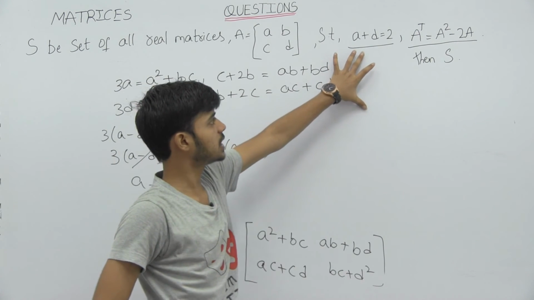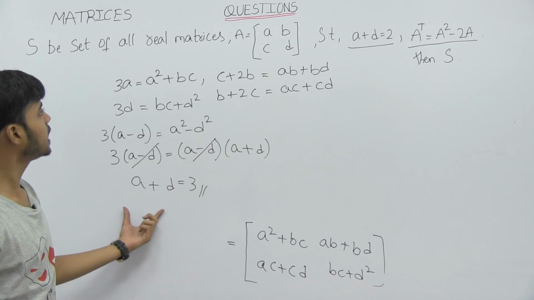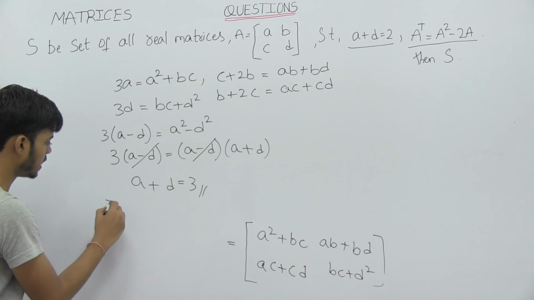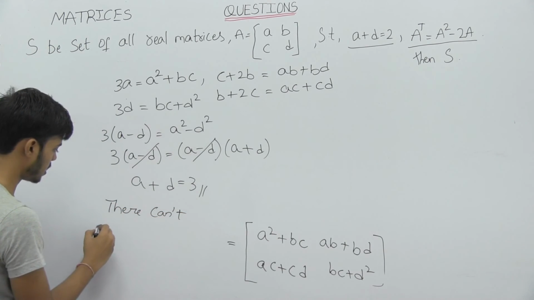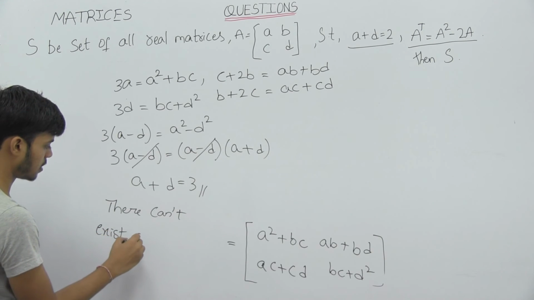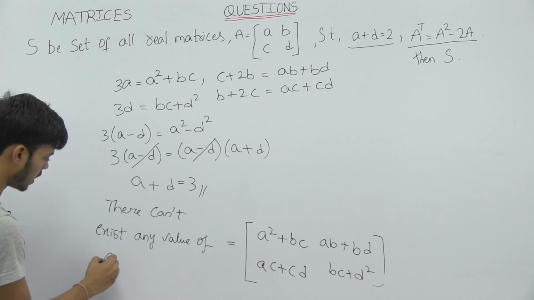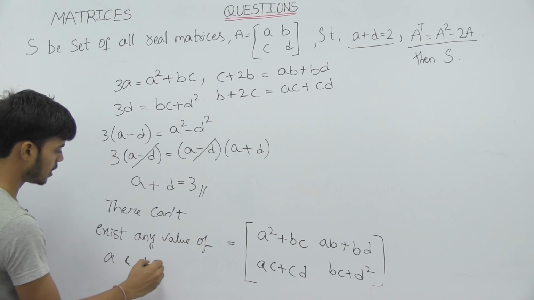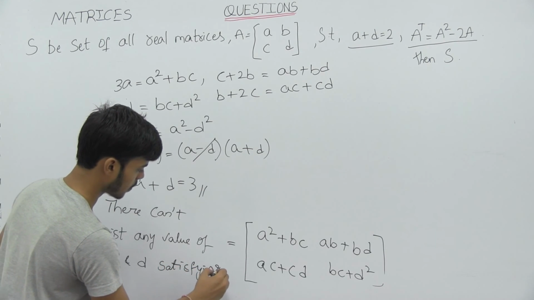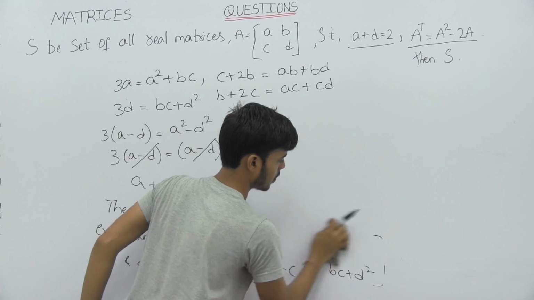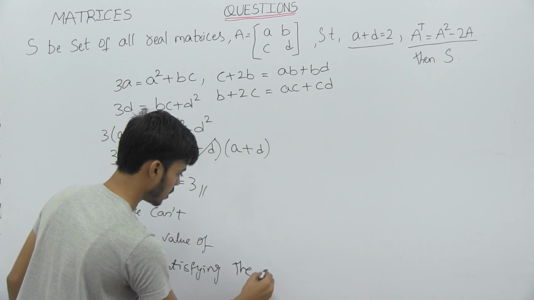But according to the question, a plus d value should be 2. So we can see that there can't exist any value of a and d satisfying the given condition.